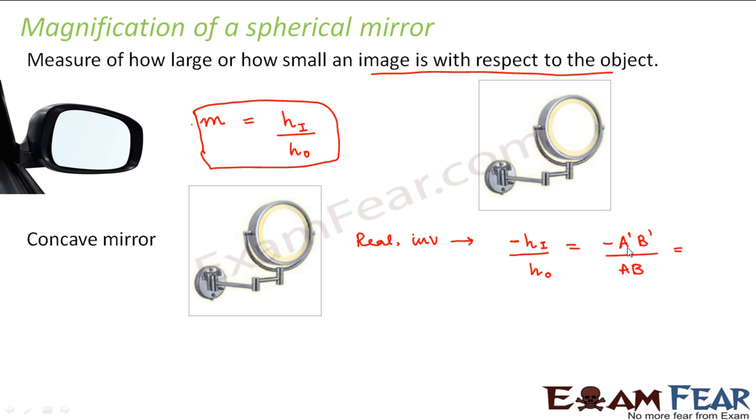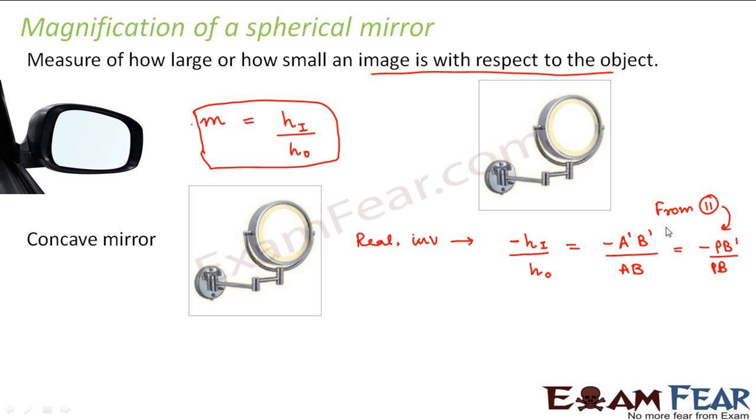Correct? Now, A dash B dash by AB, if you go back to the calculations which we had during deriving the mirror equation, from equation 2 you can say that A dash B dash by AB can be written as PB dash divided by PB.